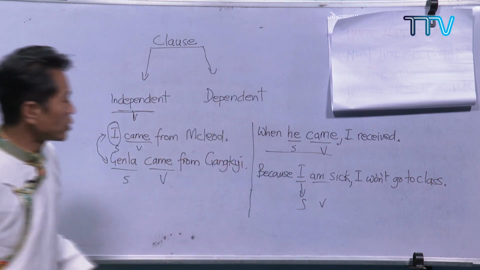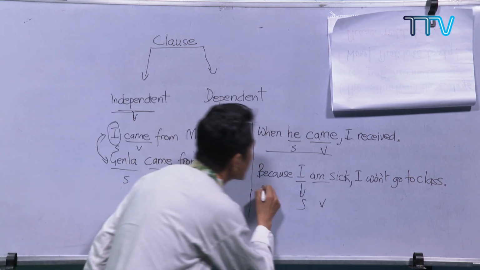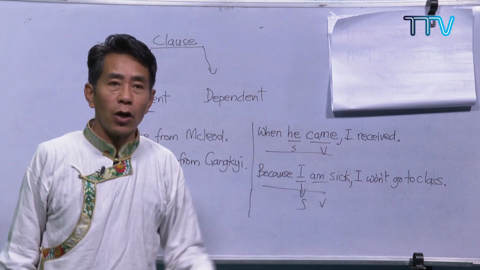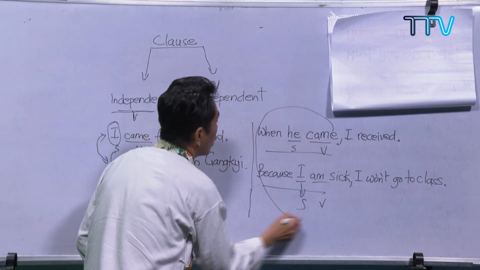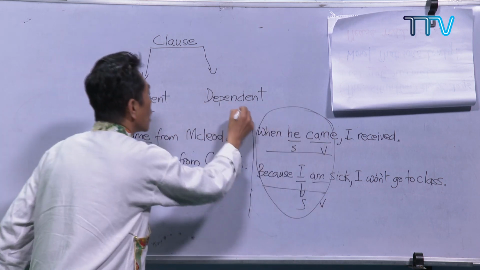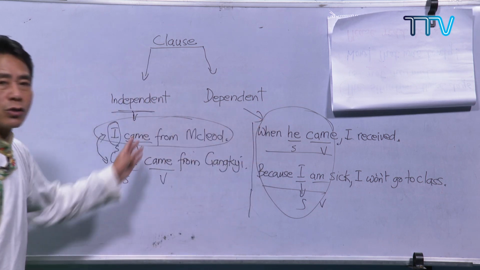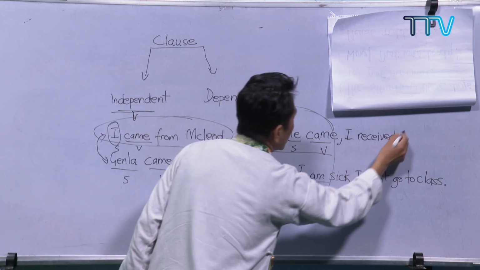Now you just look at this sentence. It makes a complete sense. So you see, this clause has to depend on another clause to make a complete sense. Such types of clauses are called dependent clauses, and these are called independent because they don't have to depend on others.